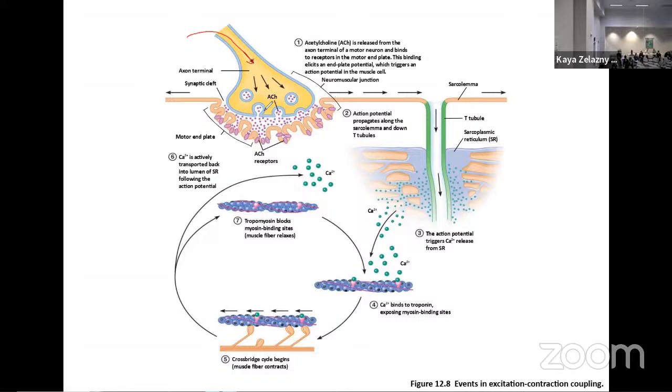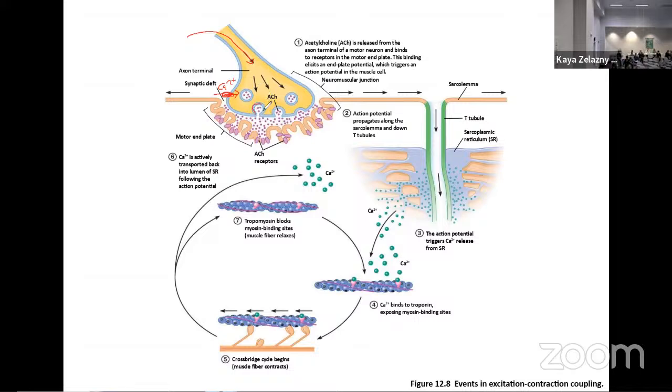When we have the action potential in this axon terminal, that means we open a voltage-gated calcium channel here on the axon terminal, right? So calcium comes in. That's our trigger for releasing our acetylcholine.